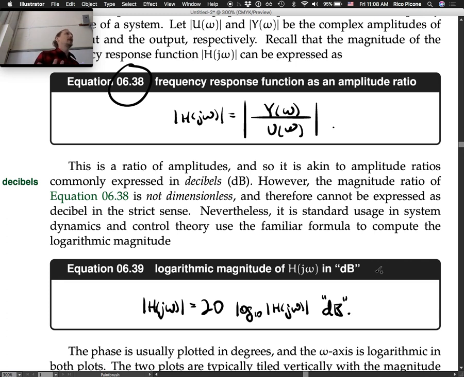H(jω) actually has units, because the output doesn't have to be in the same units as the input, right? Your output could be in newtons, and your input could be in volts. So you could have newtons per volt as the unit, and then you take this log and say it's dB, which is a little bit of a scam. It's not a true dimensionless ratio that we're taking the decibel value of.